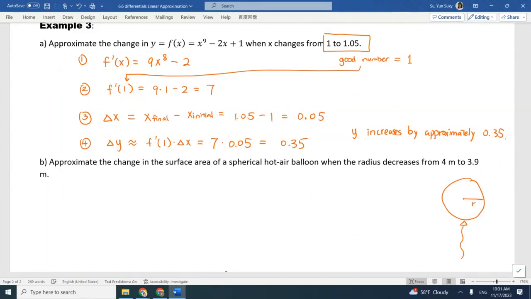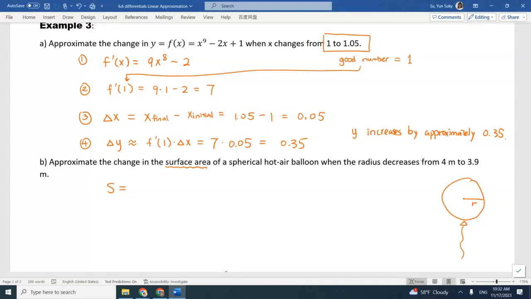Okay, so we have the radius is r. Surface area. Do you remember the formula of surface area for sphere? Okay, worksheet. The last class worksheet. Look at the 3D pictures.